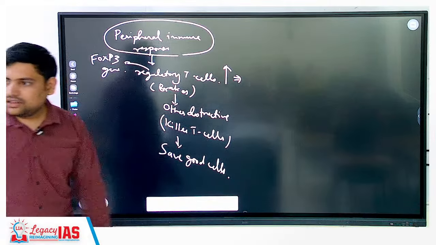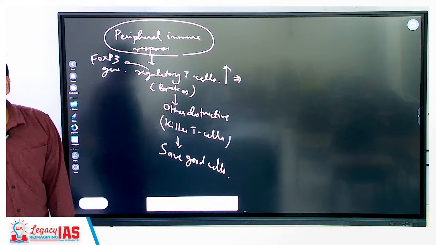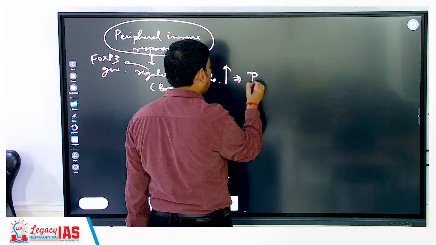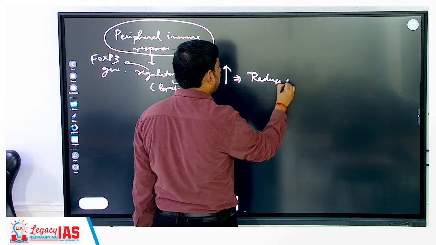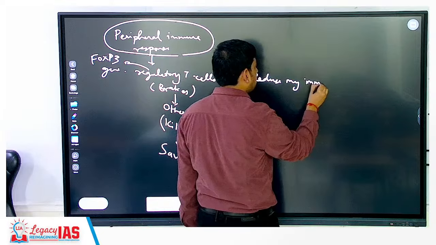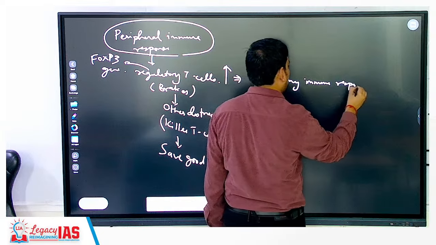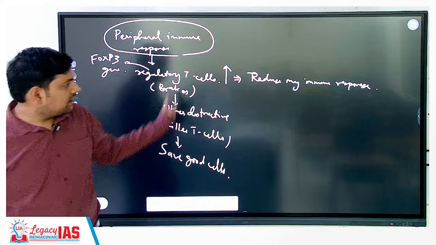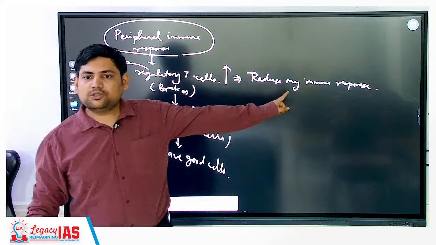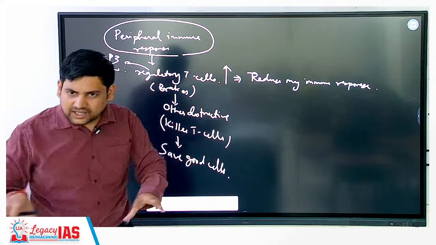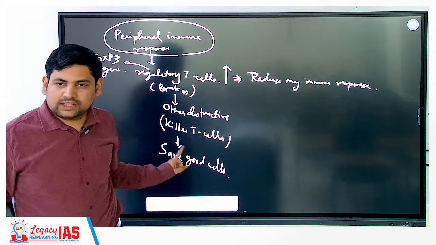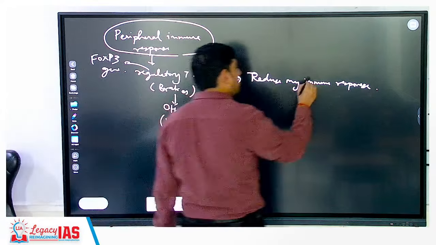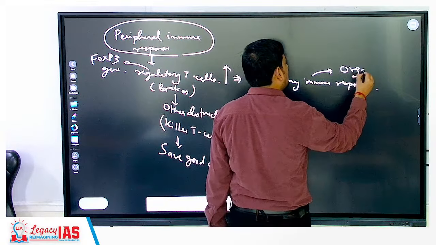Yes, it will reduce my immune response, correct? If I increase this, it will reduce my immune response, because it is like a brake. Then where can this be used? This can be used in organ transplant.